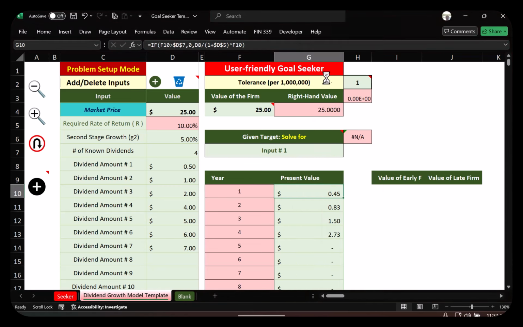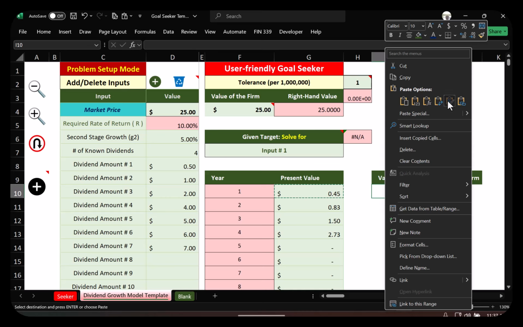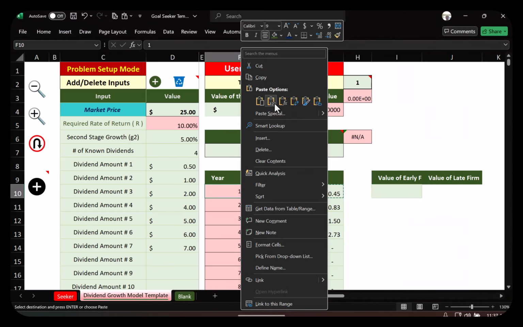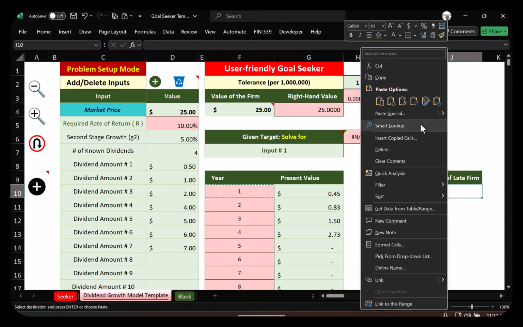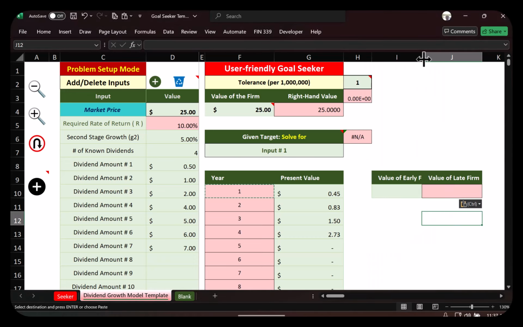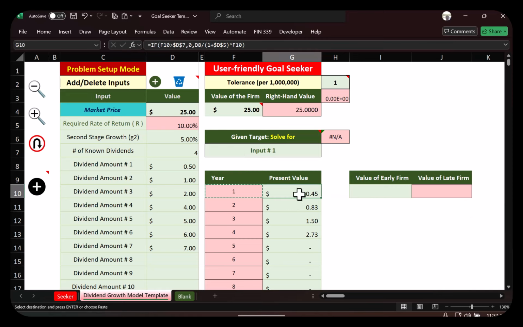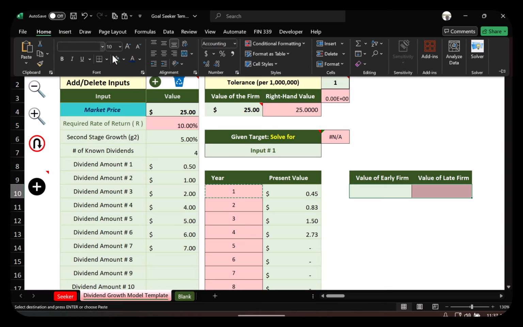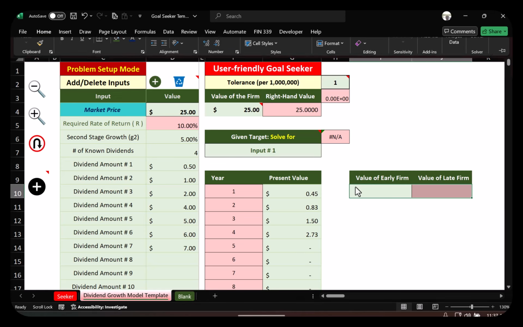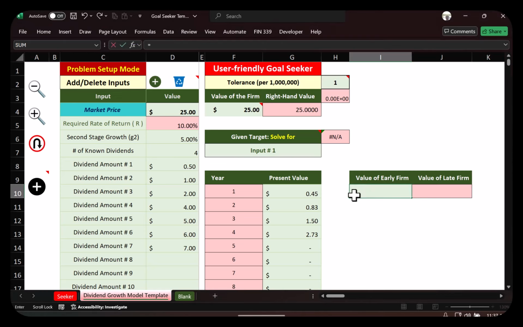Actually, the other way around. Again, if you don't like my colors, that's your problem. It's my sheet, my colors. All right. When you download this sheet, if you want to change the colors, that's your business. And I want to make sure that these are dollar signs. Okay.